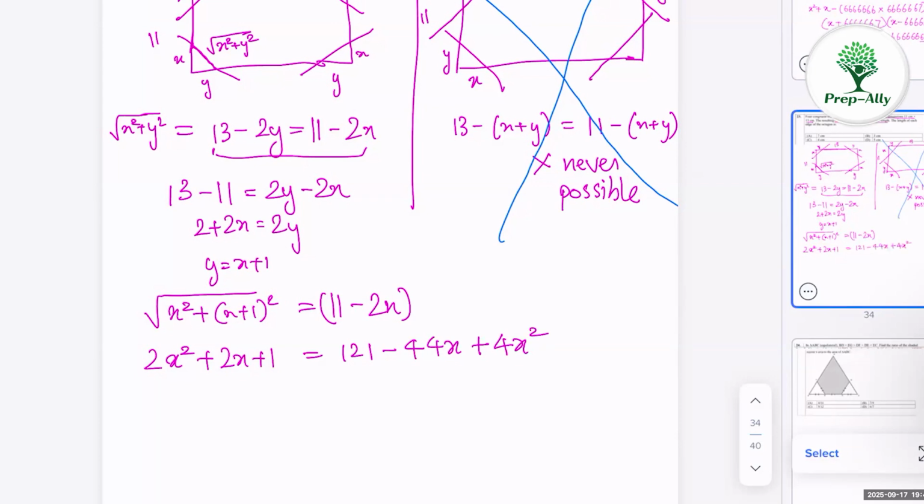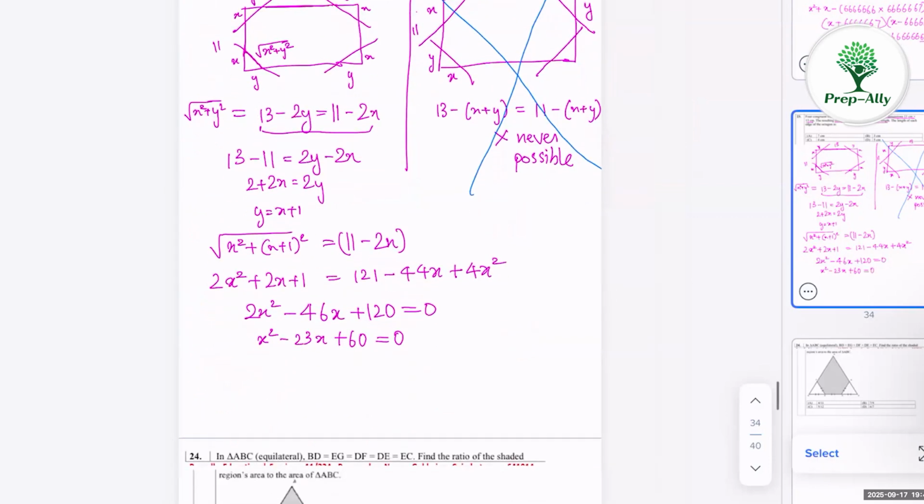Now if we bring all the terms to one side, we have 2x square minus 46x plus 120 equals 0, or x square minus 23x plus 60 equals 0.